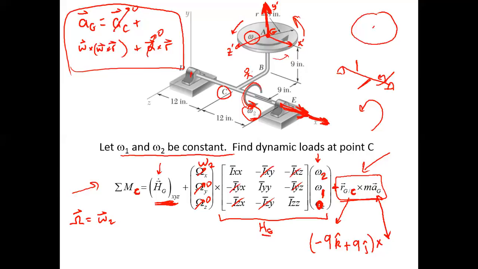Yeah, so it's not changing any. Is it changing in magnitude? No, because omega 1 is constant. Okay, so for this problem, that guy goes to 0. Was there a question there?